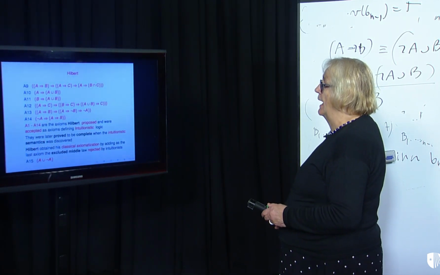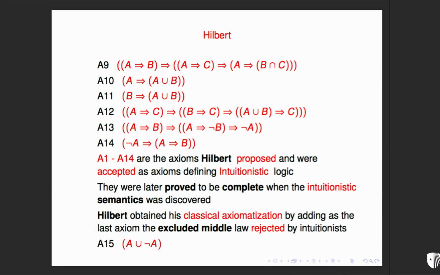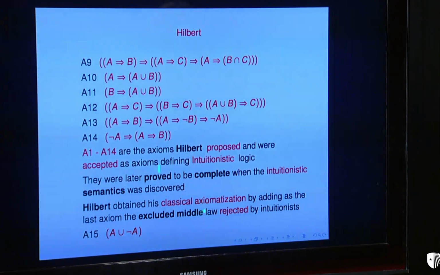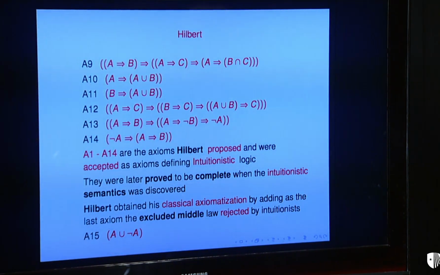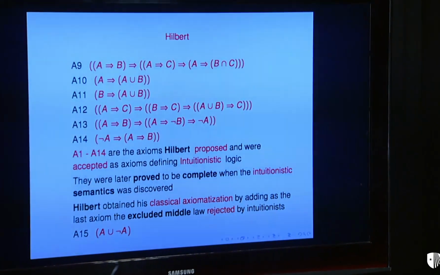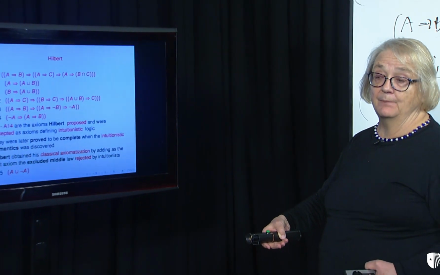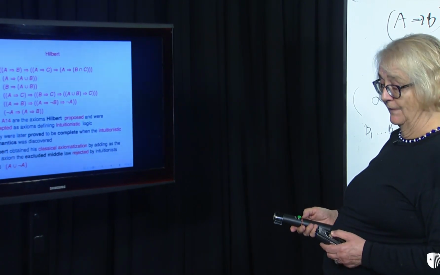Hilbert proposed those 14 axioms, and they were accepted as axioms defining intuitionistic logic, and we obtain classical logic by adding A or not A. So that is very famous. Hilbert showed that those axioms are not enough for completeness of classical logic, but they give intuitionistic logic.